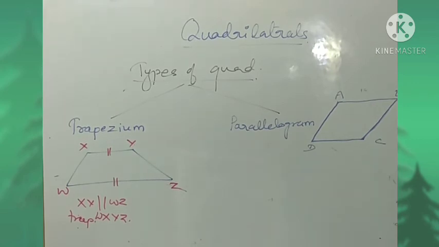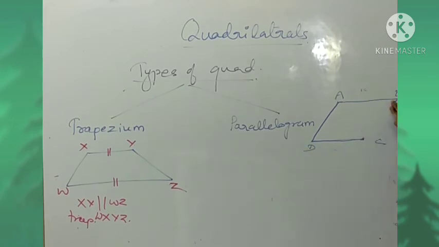Then the next type is the parallelogram. So what is a parallelogram? Parallelogram is again a quadrilateral. But in this quadrilateral, both the pairs of opposite sides are parallel. Now suppose we are taking this whiteboard, these two lines are parallel, they never meet. These two sides are also parallel, they never meet.